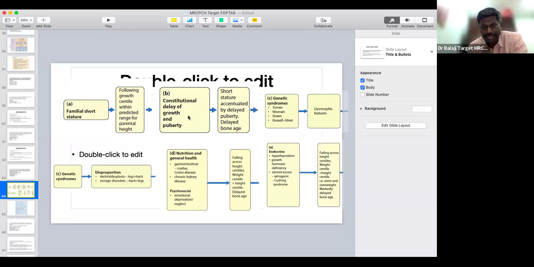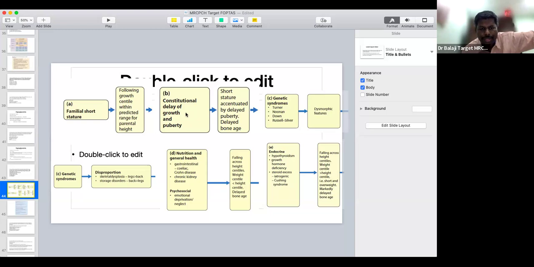Constitutional delay is someone where there is a delay in puberty, bone age is slightly delayed, and finally they catch up later, so we call them late bloomers. Late bloomers will have a family history; either of the parents would have had a constitutional delay.